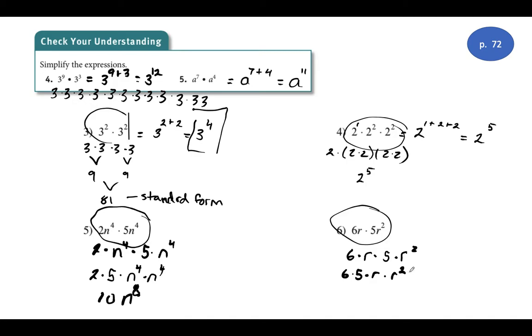And while I'm rewriting this, I'm going to put a 1 on this r so I remember that its exponent is 1. So 6 times 5 is 30. And r to the first power times r to the second power, I can add the exponents together and get r to the third. Wow, that is messy. Let me try again. 30 r to the third. Is that better?